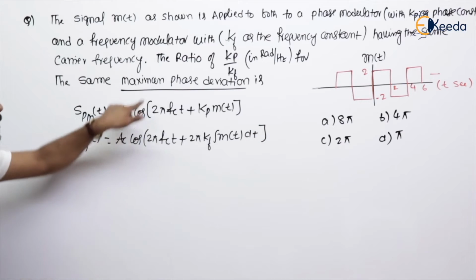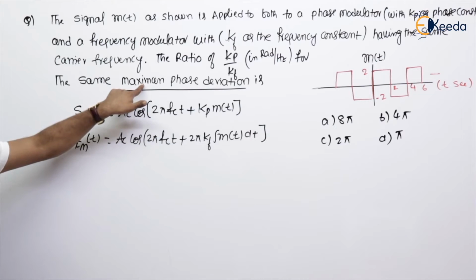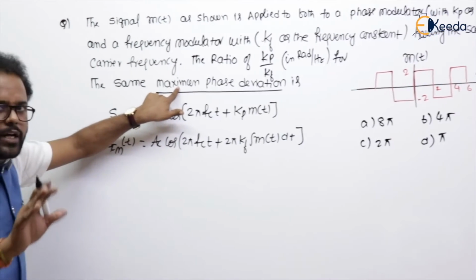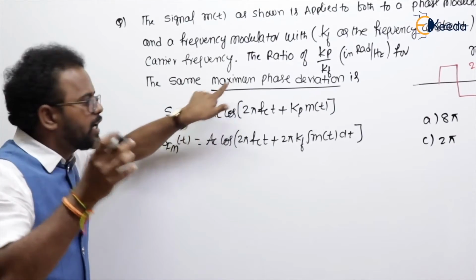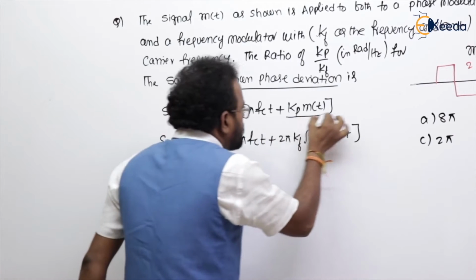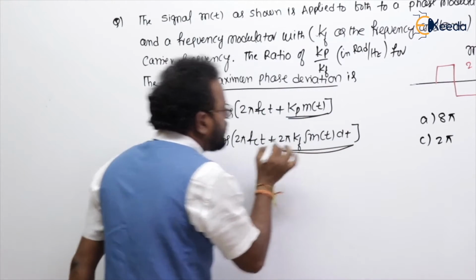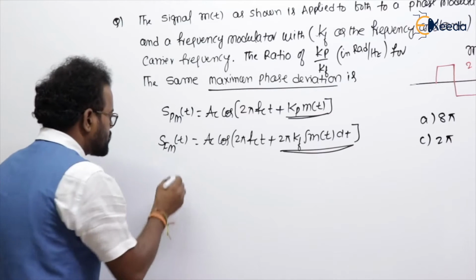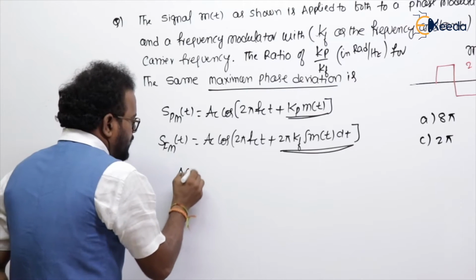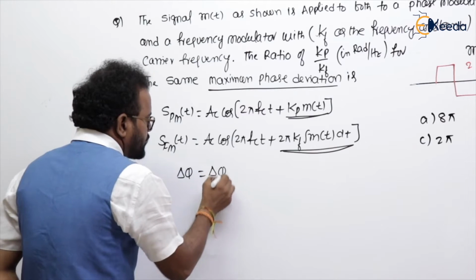He is saying that both have the same maximum phase deviation. What is the maximum phase deviation? Maximum value of phase. What is the phase in any equation? The term added to 2πfct is called the phase. So delta phi in both expressions is the same.